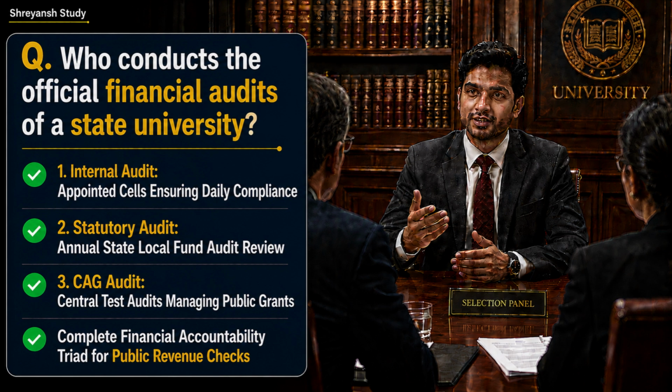Statutory Audit, Local Fund Audit conducted annually by the Directorate of Local Fund Audit of the state government, which examines compliance with state rules. 3. CAG Audit. The Comptroller and Auditor General of India may conduct test audits or comprehensive transaction audits since the university receives substantial public grants.